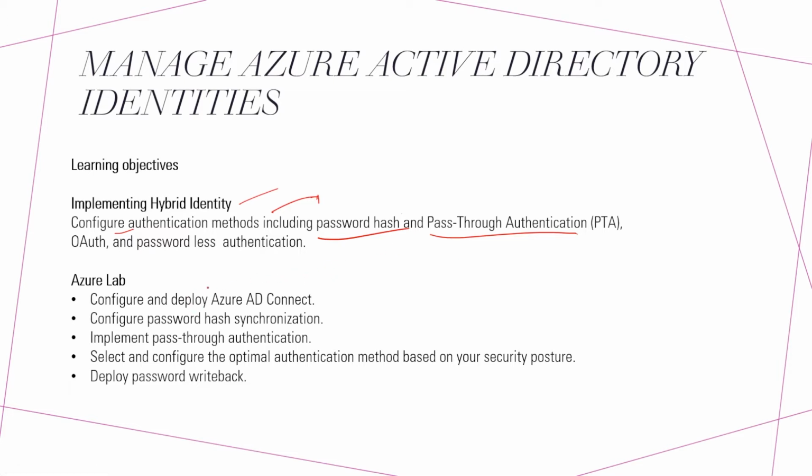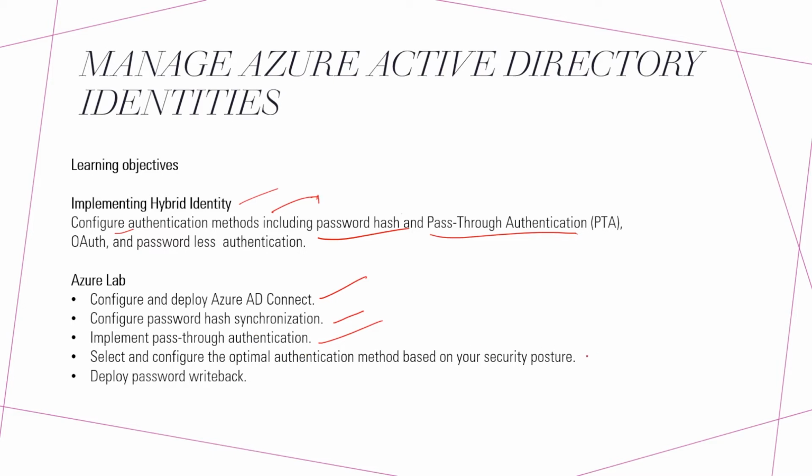After this theory, we will be doing this practice in our Azure lab. We will be configuring and deploying Azure AD Connect, configuring these two main authentication methods that we can implement with a hybrid identity.